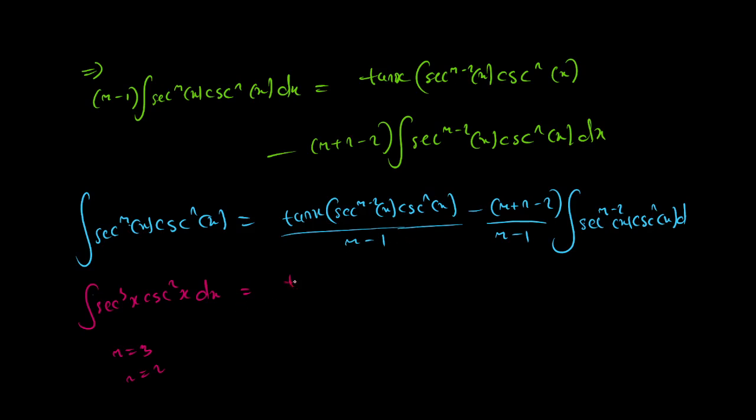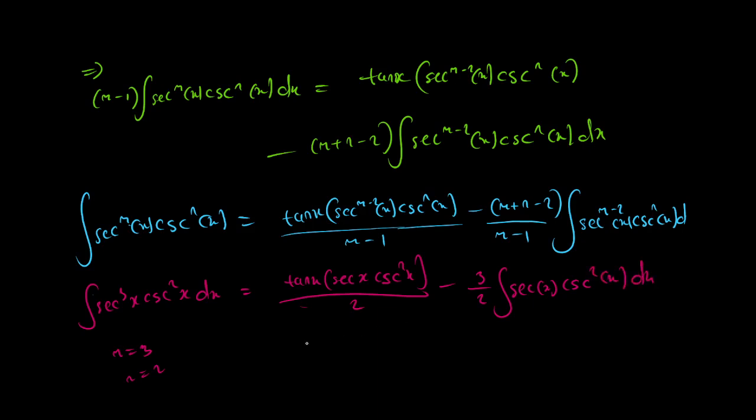So this will be equal to tan x secant to the 3 minus 2, which is 1, secant of x and cosecant squared x, all divided by 2, minus, now m plus n is 5 minus 2, that is 3, so minus 3 halves times the integral of secant of x times cosecant squared x. So you can see that beautifully, instead of dealing with this complicated integral, we're now dealing with a lower power.